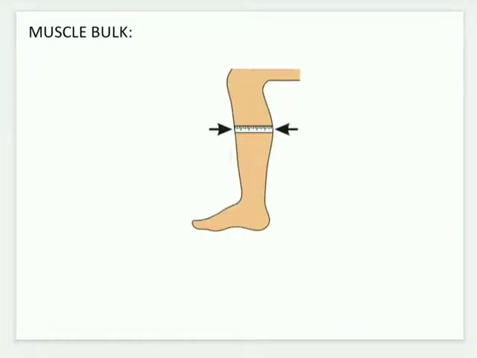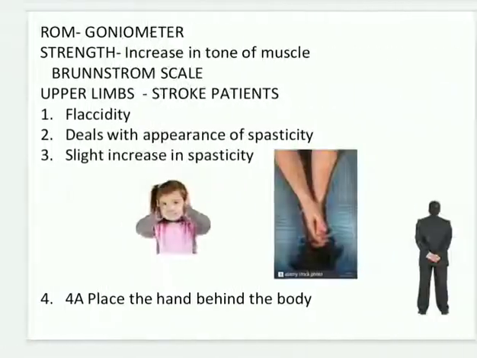If we talk about muscle bulk, firstly you should check for wasting of the muscles. Atrophy is the loss of muscle bulk. It can occur due to a lower motor neuron lesion, disuse atrophy, or protein calorie malnutrition.